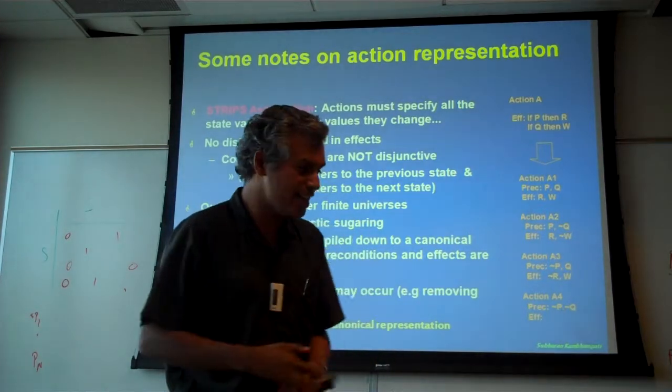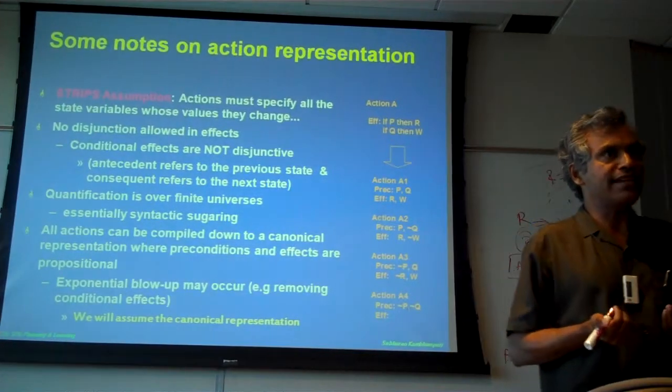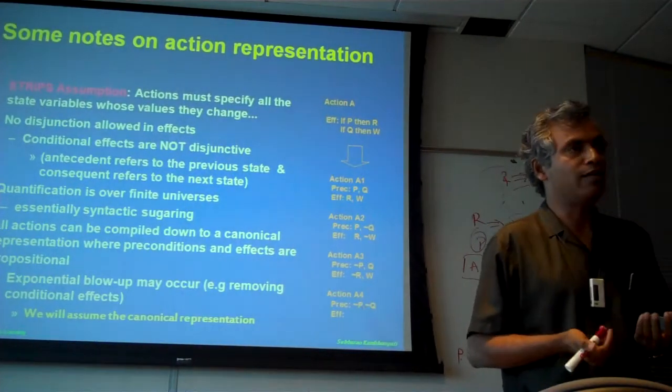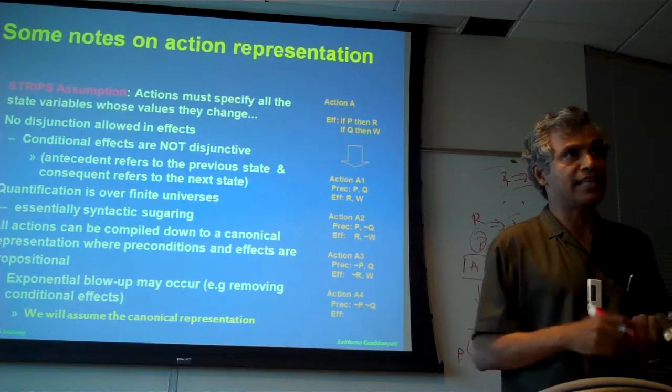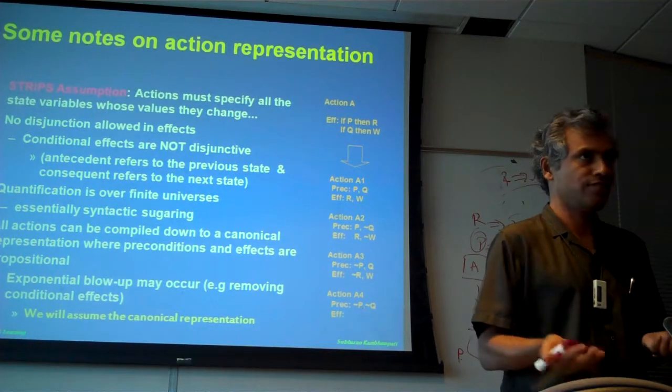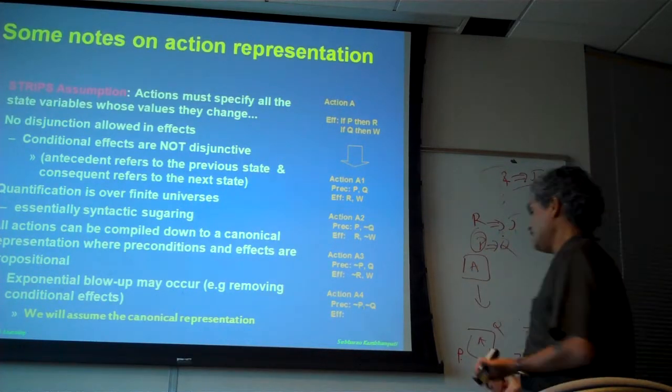In fact, one interesting thing is, even if you don't really believe that any action worth its name will have anything other than positive preconditions, if you have conditional effects and you compile them away, you will get negative preconditions. Because P implies Q has to consider both P and not P.